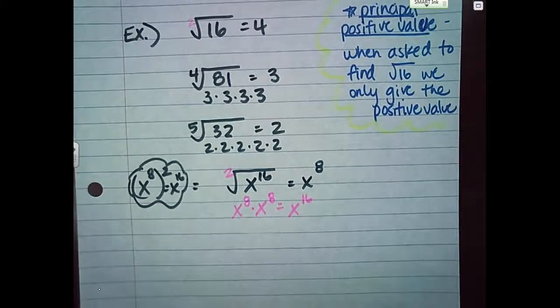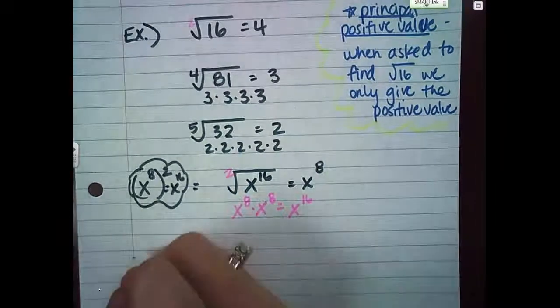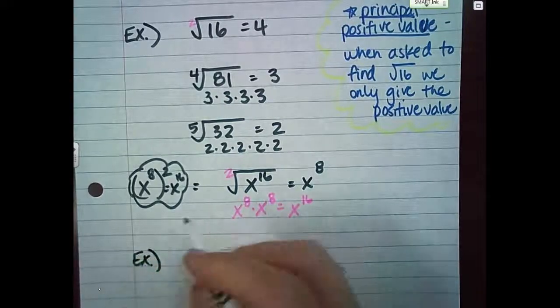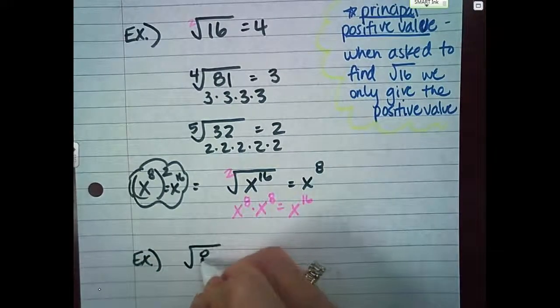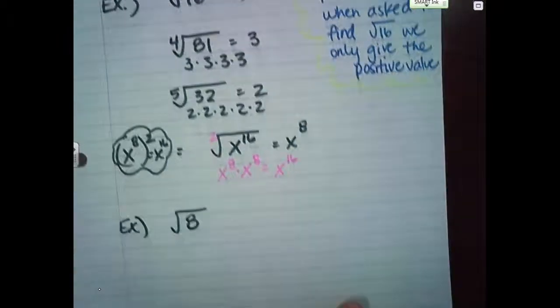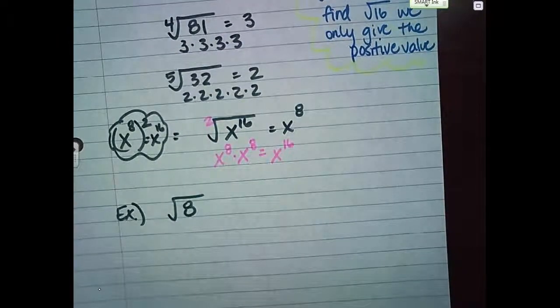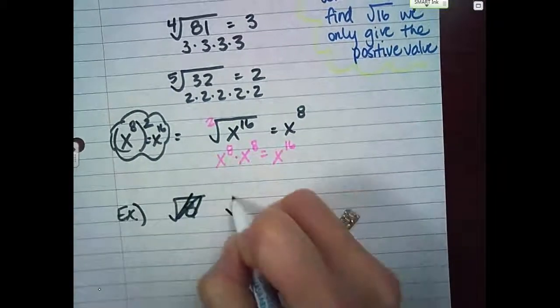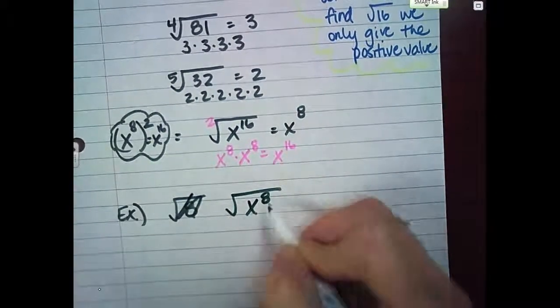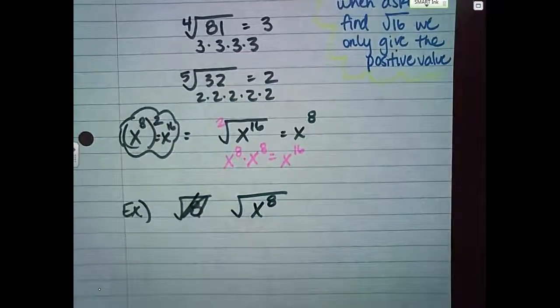Alright, let's move on with some more examples. If I have the square root of 8, can I find the square root of 8? Is 8 a perfect square? Oh, I forgot an x. Guys, I'm sorry. The square root of x to the 8 is what I meant to write. I apologize for that. That's much better.